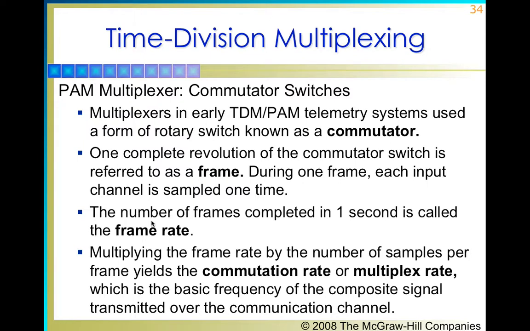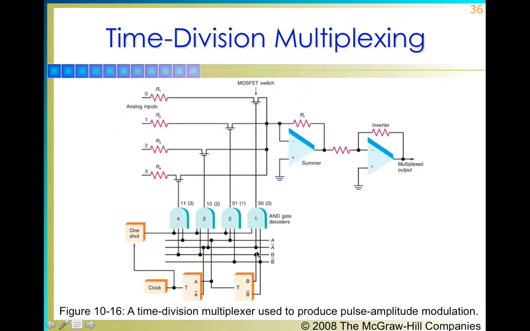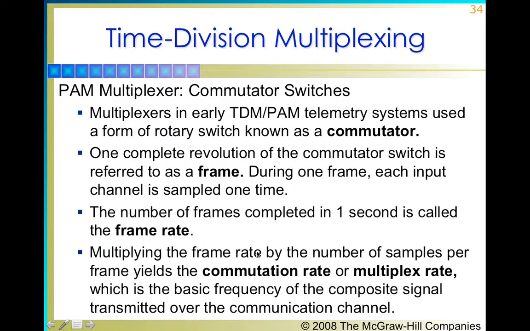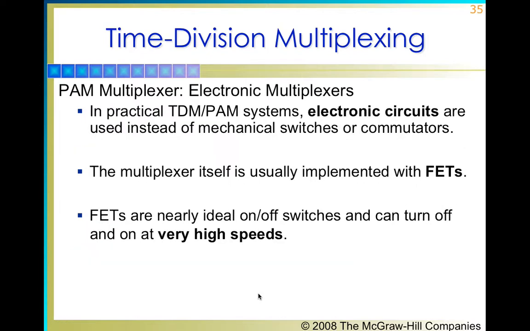This forms one frame, and the number of frames which are completed in 1 second is called the frame rate. And then the frame rate, when multiplied by the samples per frame, gives us the multiplex rate or the commutation rate, which is the basic frequency of the composite signal transmitted over the communication channel.